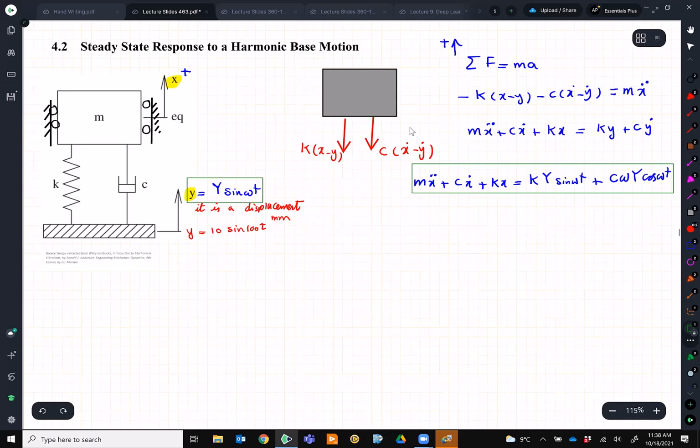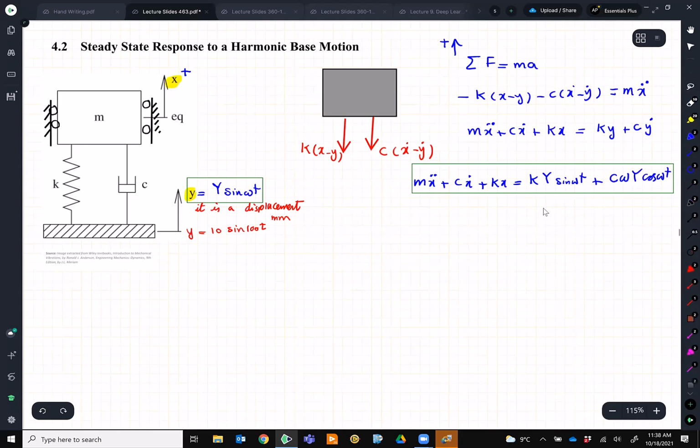All right. So I give you a moment to see where it comes from, right? We didn't do anything unusual. We just draw the free body diagrams, write the Newton equation, and all we did at the end, we substitute this y and y dot. So we got to this equation.